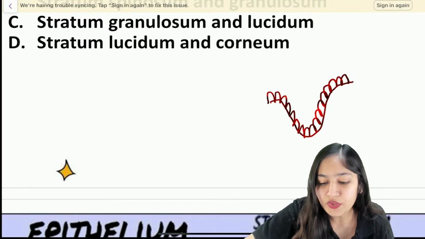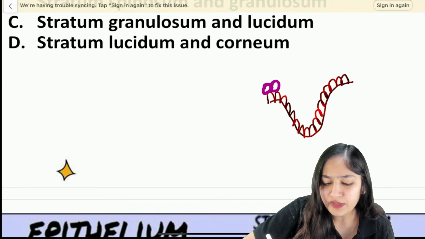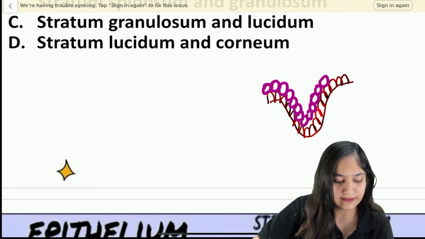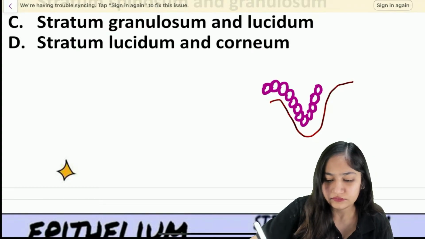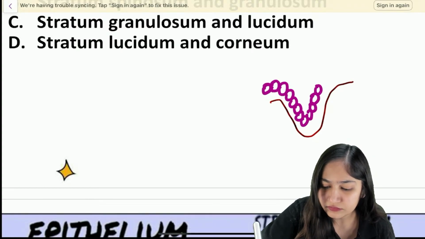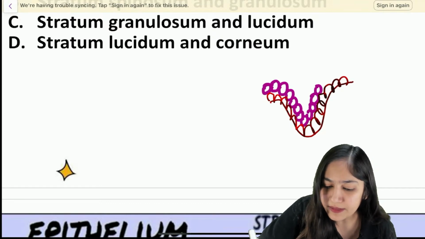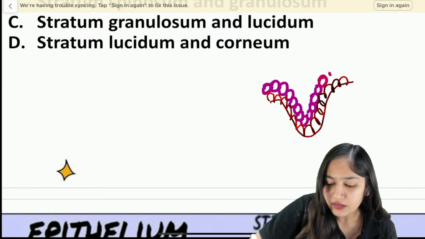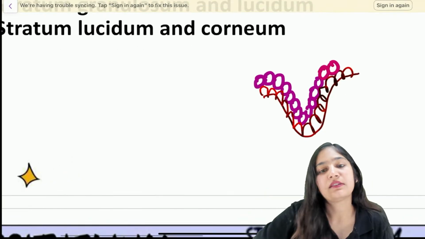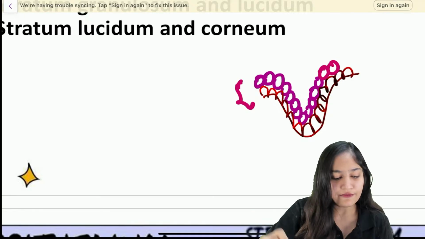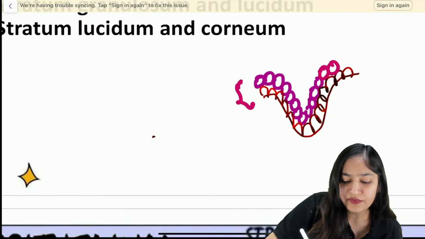So here you can see these cells. These are spinous cells which are present just next to our basal cells. Right? These are our basal cells and just next to that we have our layer of spinous cells. So these two layers together form stratum germinativum.